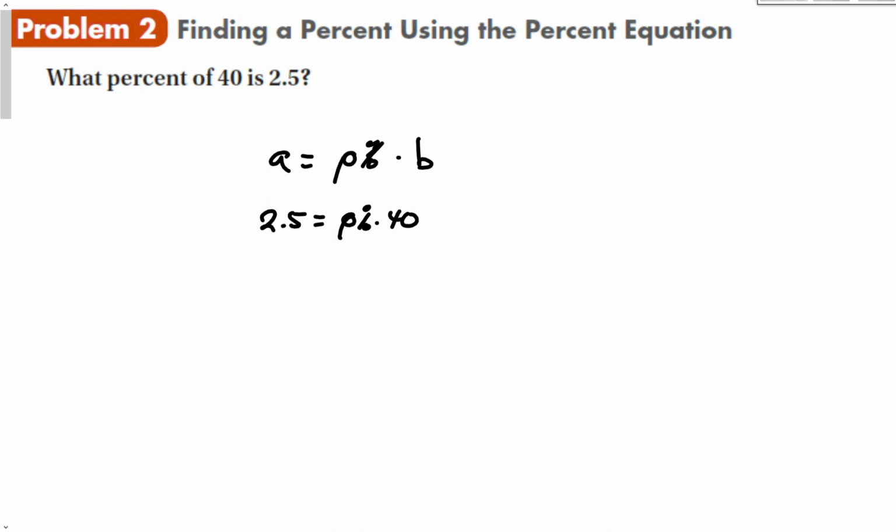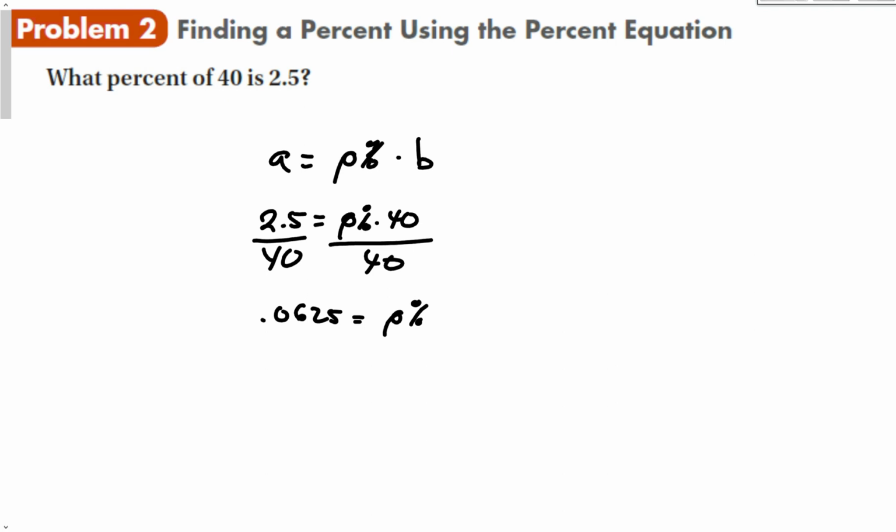And to solve this, all I do is divide each side by 40. So divide out the 40. So now I get 2.5 divided by 40 gives me 0.0625.